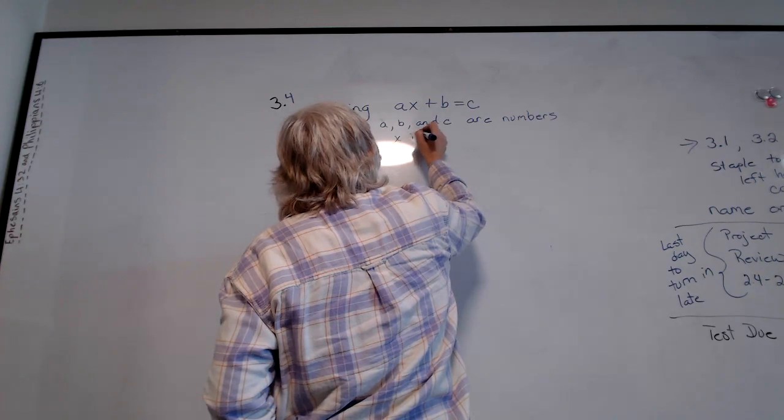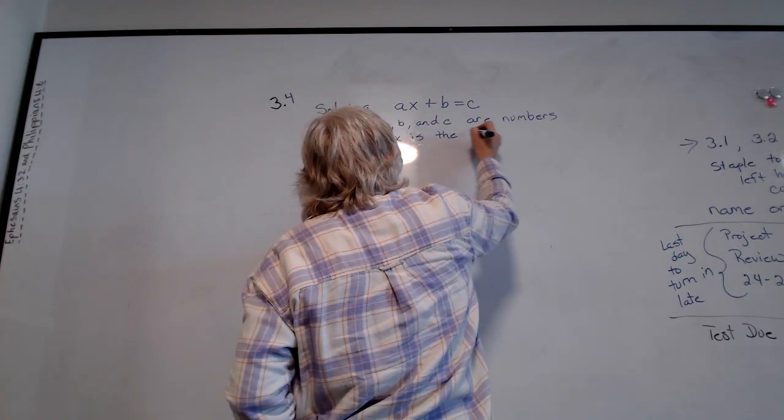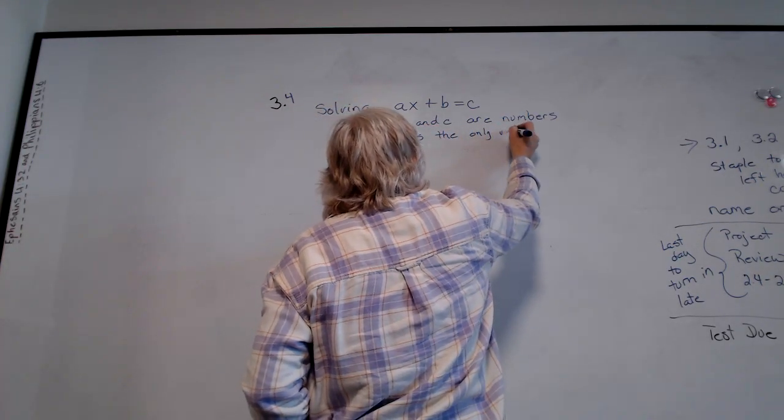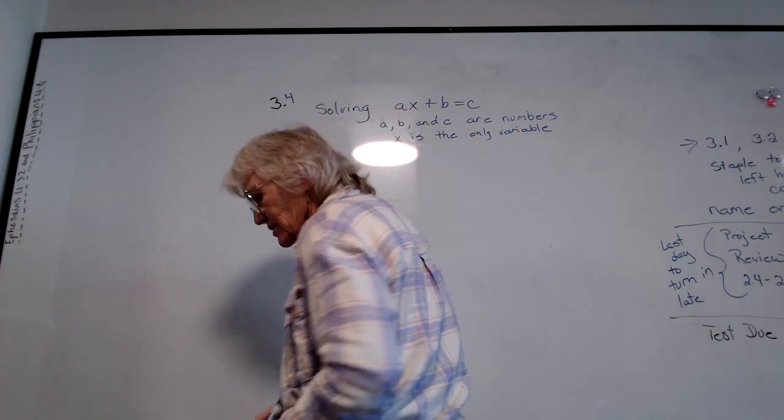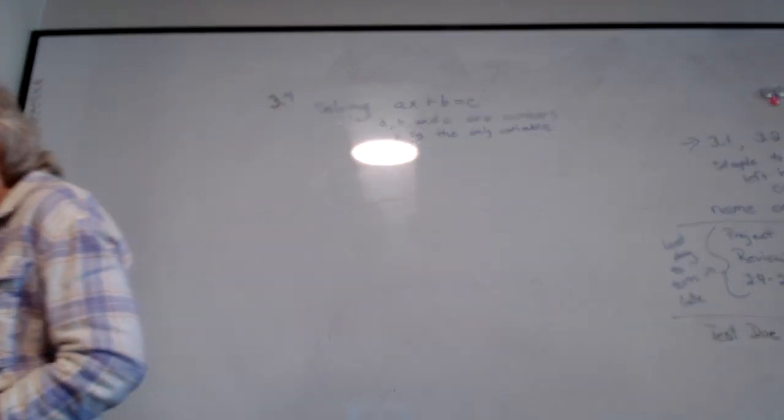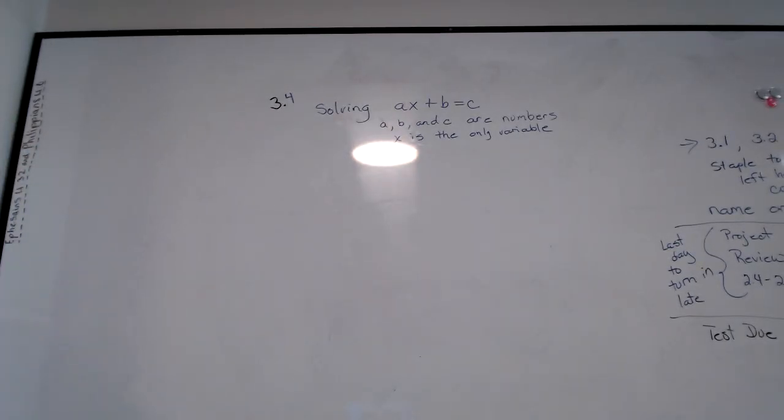X is the only variable. So what we're talking about is we're setting it as a generalization. You can put any number in for a, any number in for b, any number in for c, and we're talking about how to solve those types of equations.